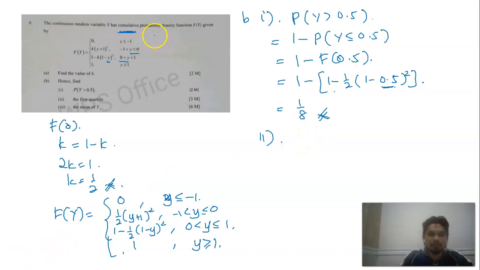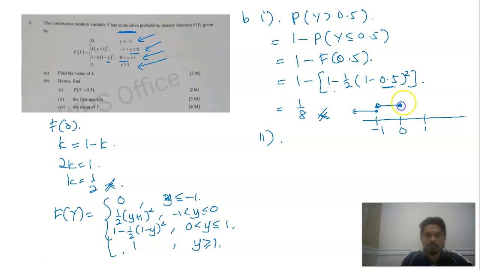Okay, so B2, the first quartile. We are going to refer to the domain of each of these. So from -1, 0, 1: this is y less than or equal to -1, between -1 and 0, between 0 and 1 here, and then from 1 to positive infinity.